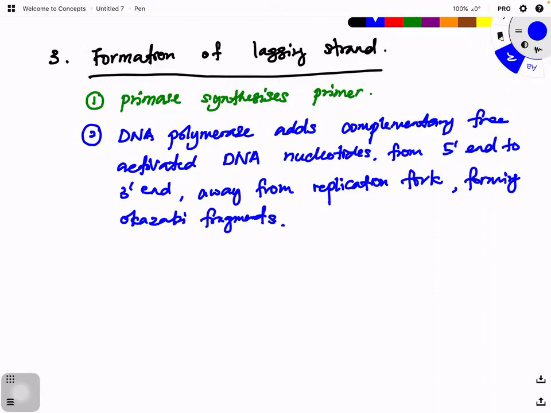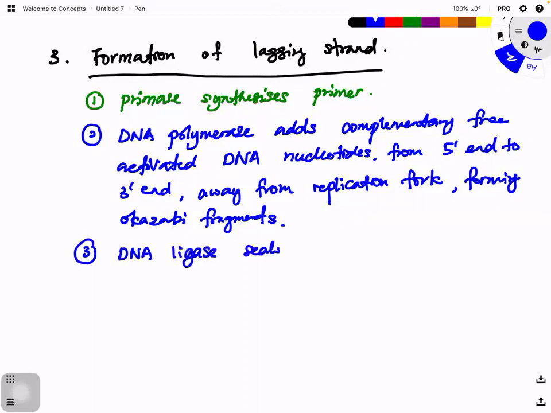So DNA polymerase adds complementary free activated DNA nucleotides from 5' end to 3' end away from the replication fork, forming Okazaki fragments.